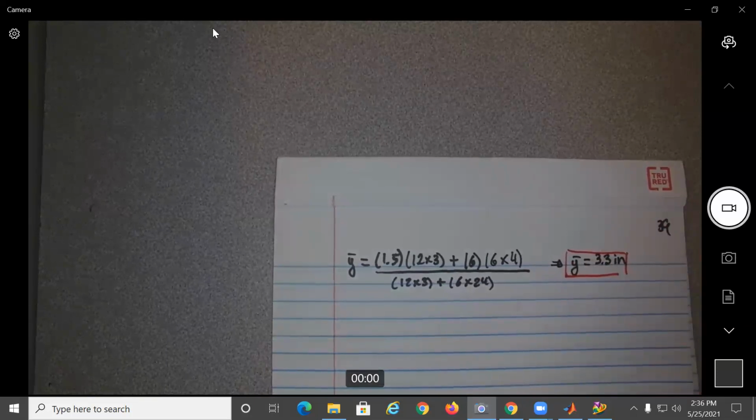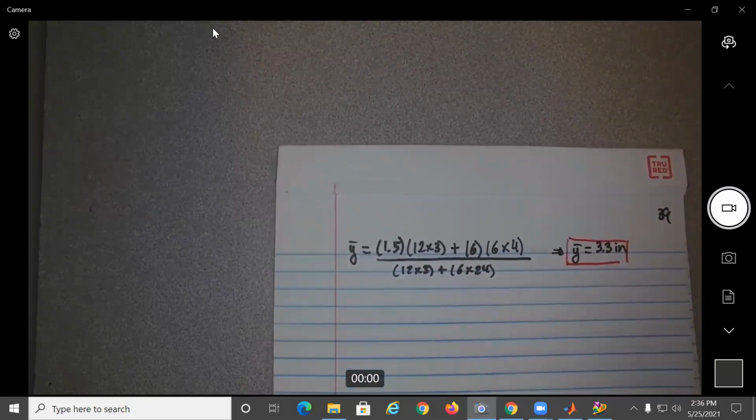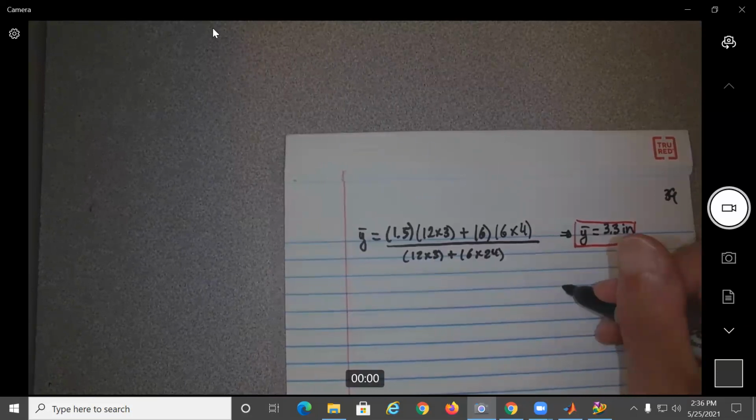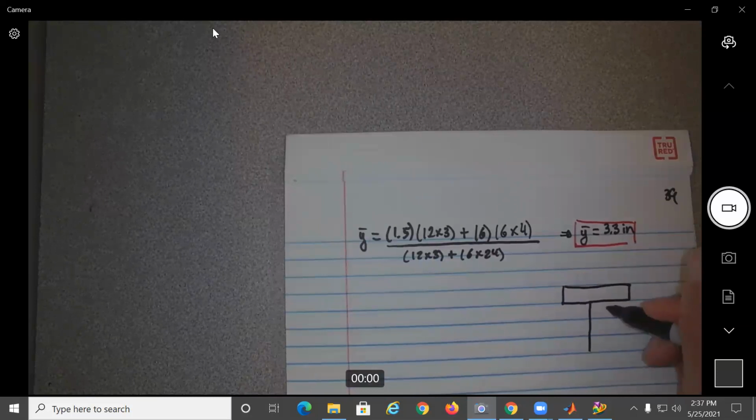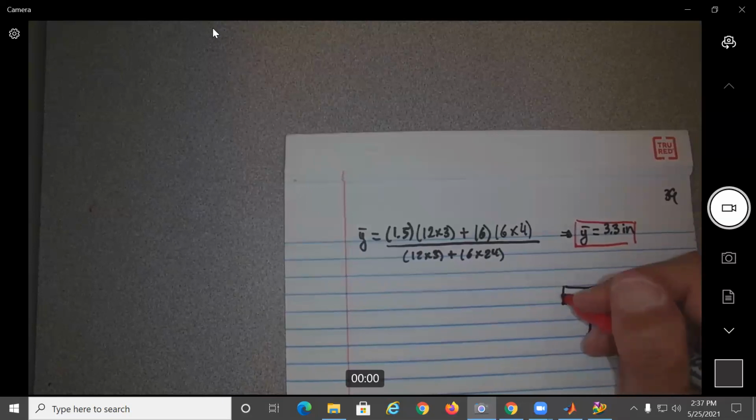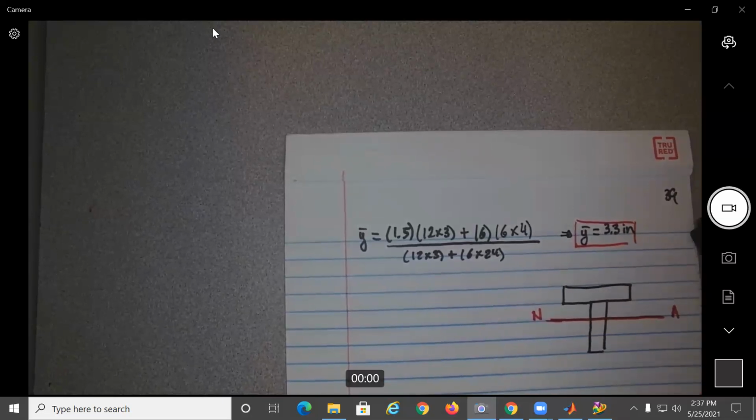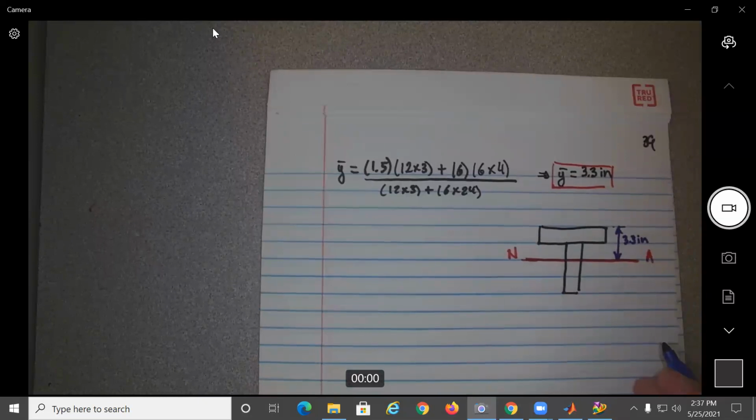Okay. So now what we know is that, okay, if I do the figure here again, we know that the neutral axis is located at 3.3 inches.